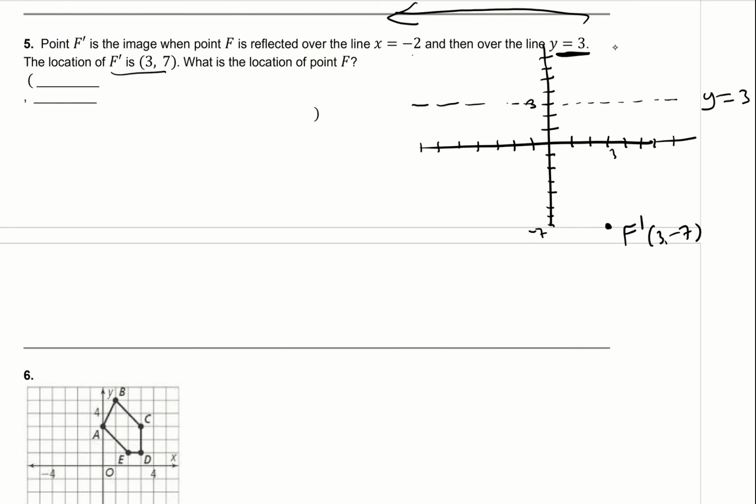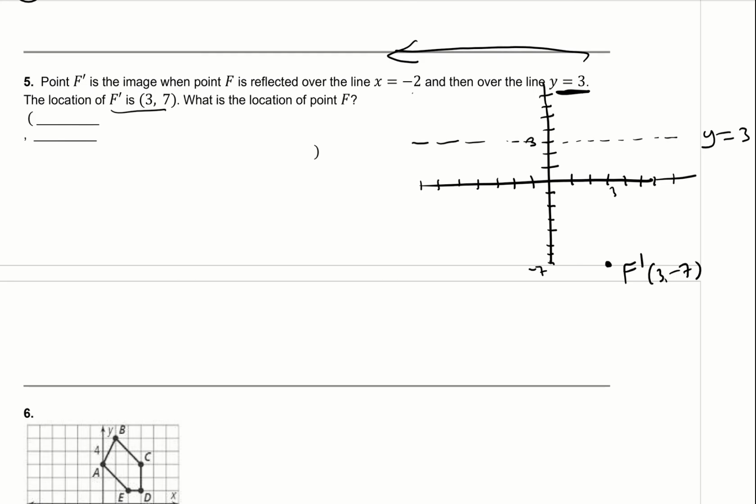And remember, a reflection is simply flipping over to the other side at the same distance. So the distance from this -7 to this 3 is a distance of 10, and so I have to reflect it 10 on the other side.